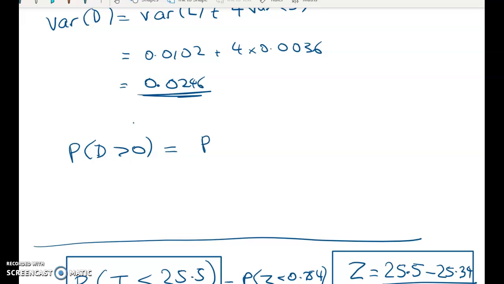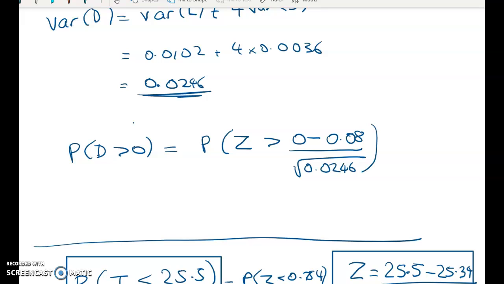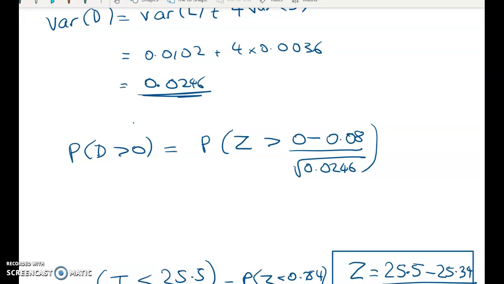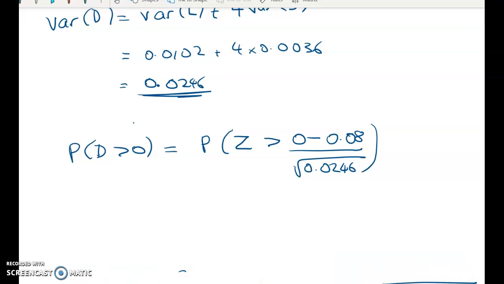So my Z value here is 0 minus 0.08 divided by the square root of 0.0246. That gives me the probability that Z is greater than negative 0.510.